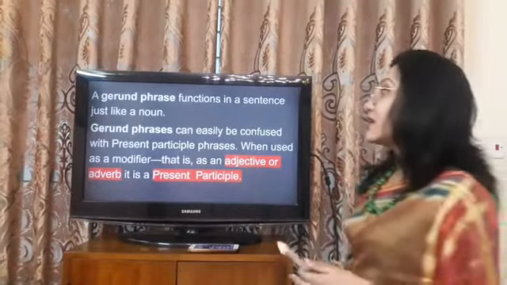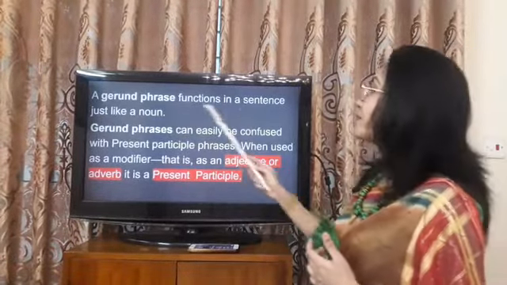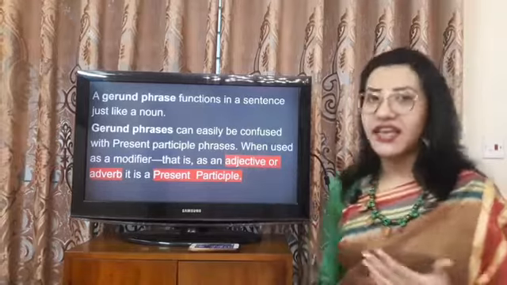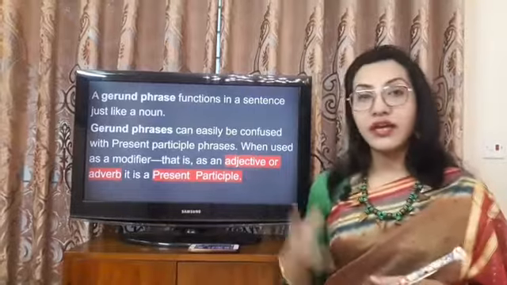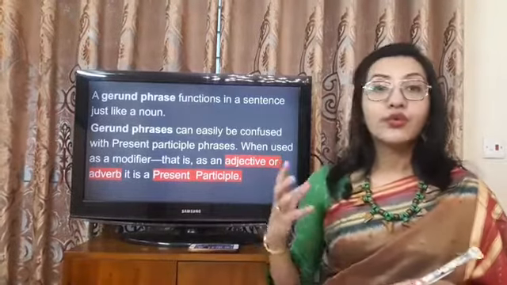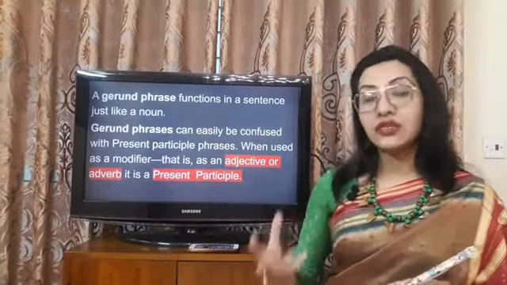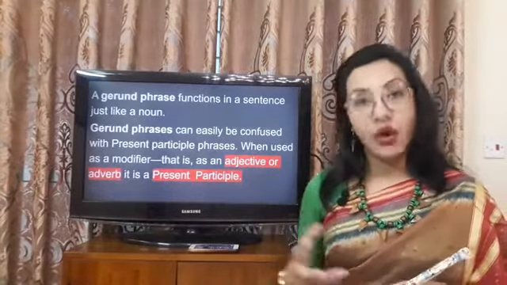Now what is participle? A gerund phrase functions in a sentence just like a noun. এটা একটা নাউনের মতো কাজ করে। So noun আমরা জানি, if we ask the question who or what, the answer that we get is a noun.